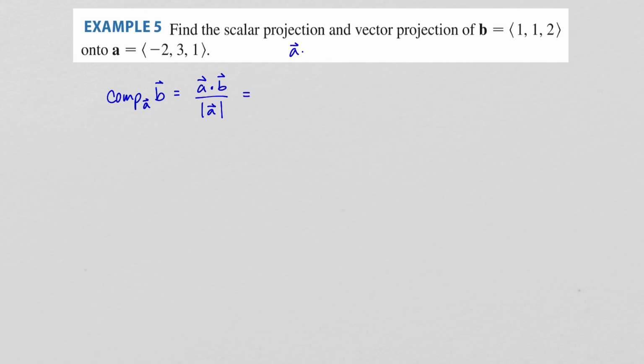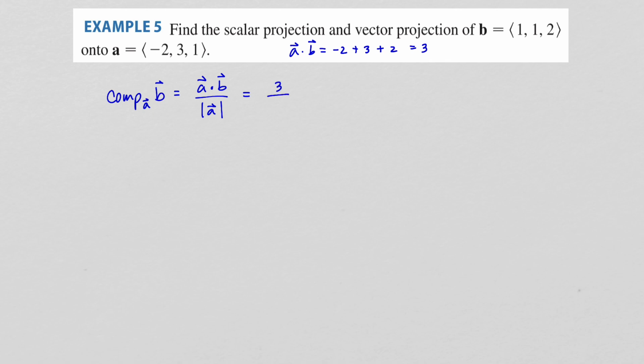Let's go ahead and do that here. The dot product of A and B here is going to be negative 2 times 1, which is negative 2, plus 3 times 1, which is 3, plus 1 times 2, which is 2, and this is equal to 3.